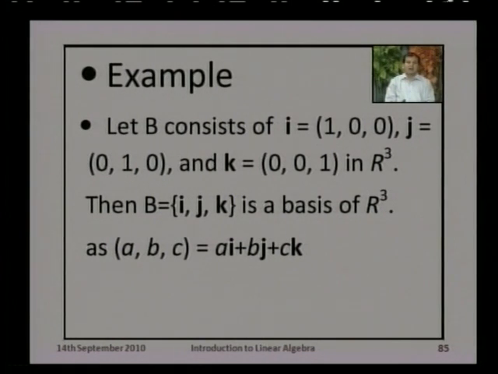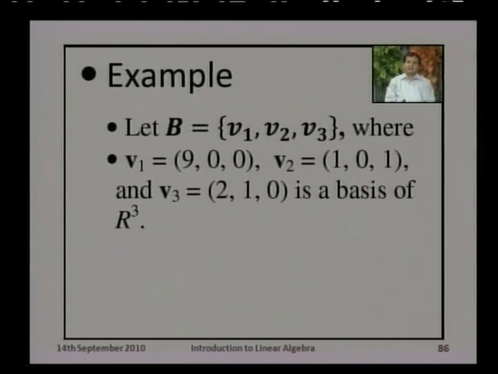This set B consisting of i, j, k in R3, they are linearly independent and they span R3 because any element (a, b, c) in R3 can be written as a i plus b j plus c k. So that means B will span R3 and we have seen that B is linearly independent. Therefore, it is a basis of R3.